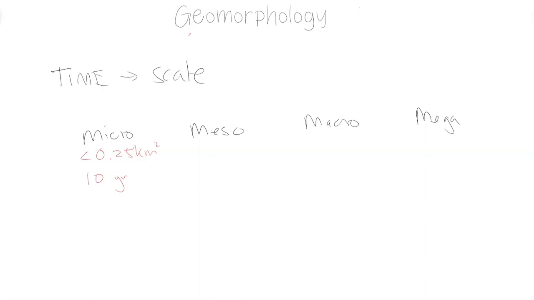Then look at the meso. Now it's 0.25 up to about 100 square kilometers, so the size of the area is going to increase exponentially. Again, this happens over a 1,000-year average lifespan.